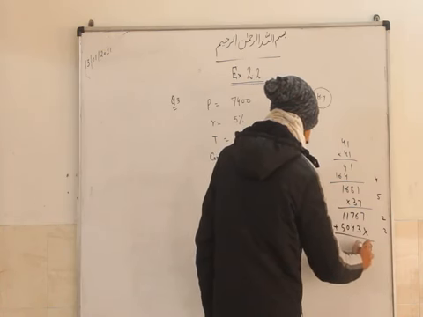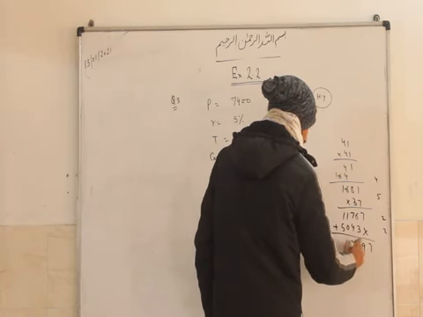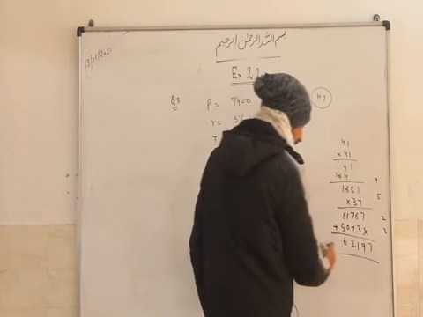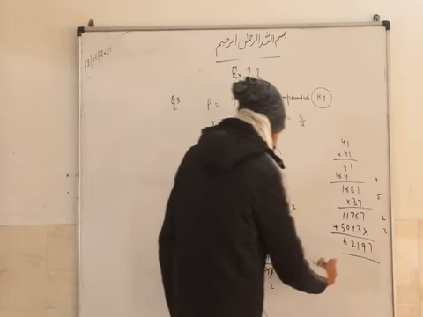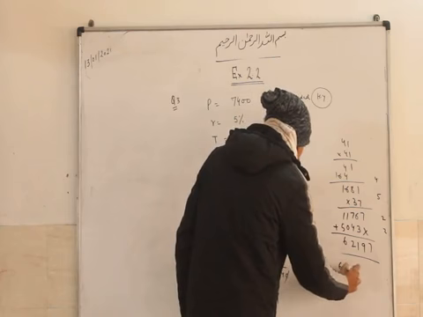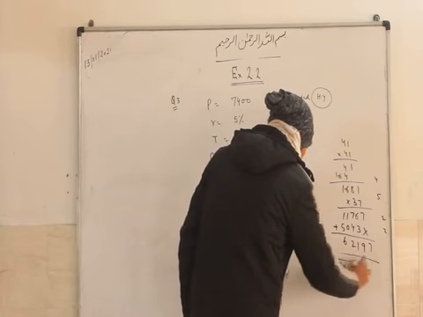So it will come 62197 divided by 8. So we can divide this value by 8.